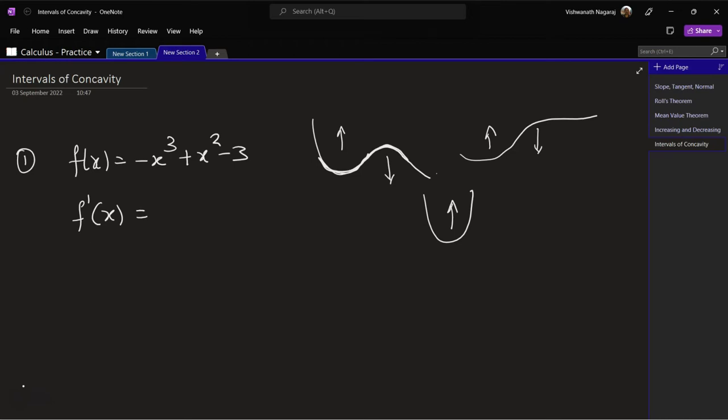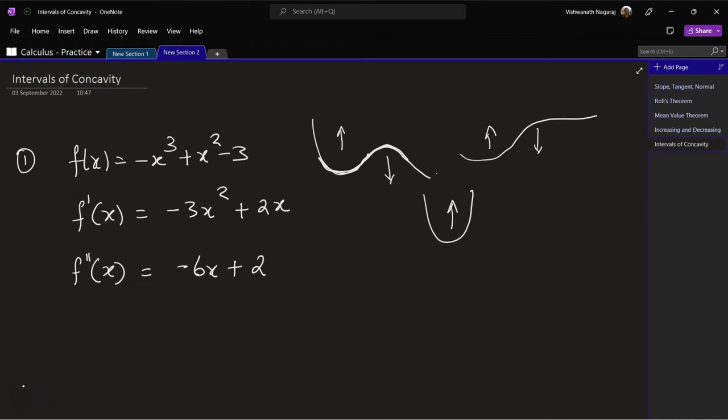So f prime of x will be minus 3x square plus 2x. And if we take the second derivative, f double prime of x, that would give us minus 6x plus 2. And this will give us the slope of the slope.